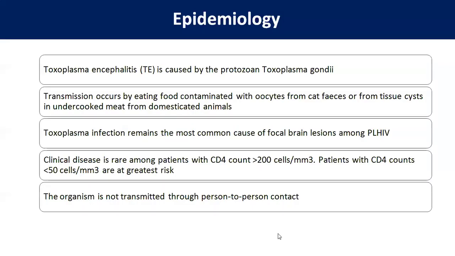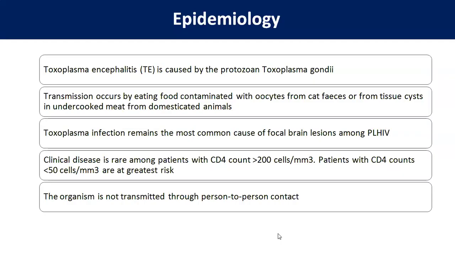So coming to toxoplasmosis. Toxoplasma encephalitis is caused by the protozoan Toxoplasma gondii. Transmission occurs by eating food contaminated with oocysts from cat feces or from tissues in undercooked meat from domesticated animals.